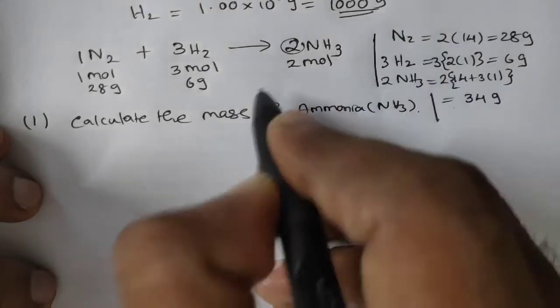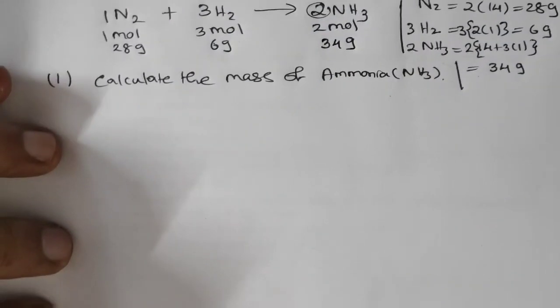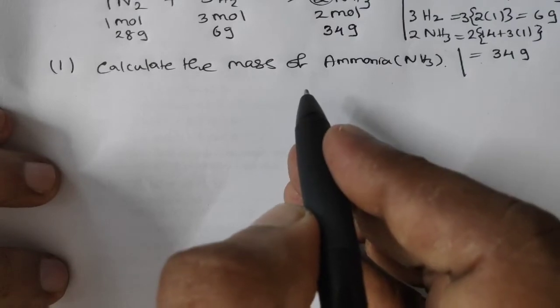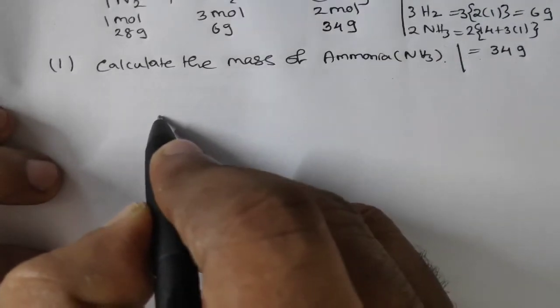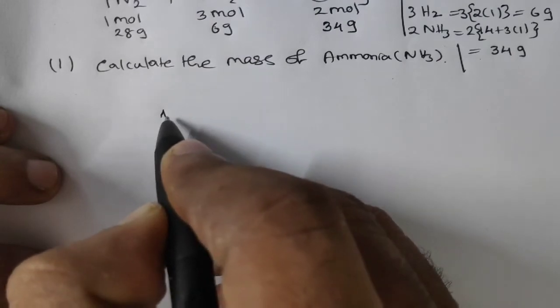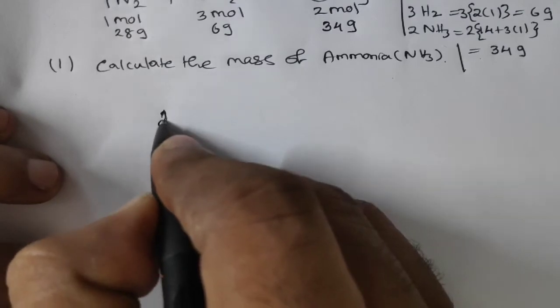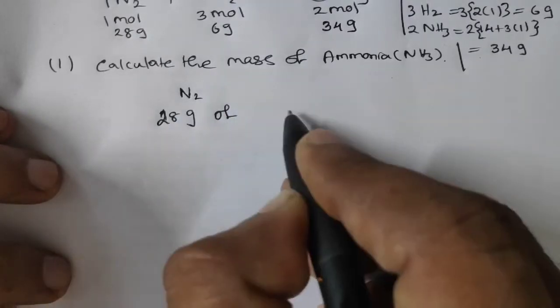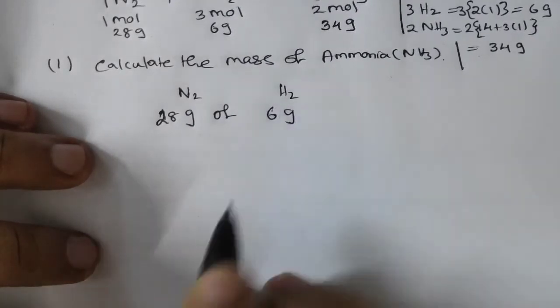So we start the first part with what is given in your book: 28 grams of N2 reacts with 6 grams of H2.